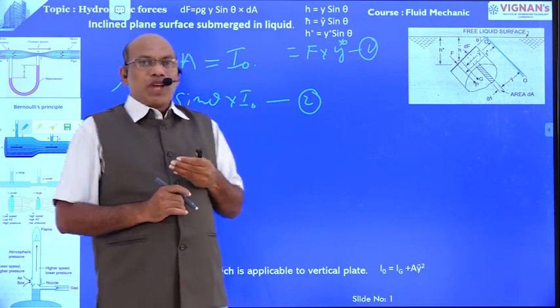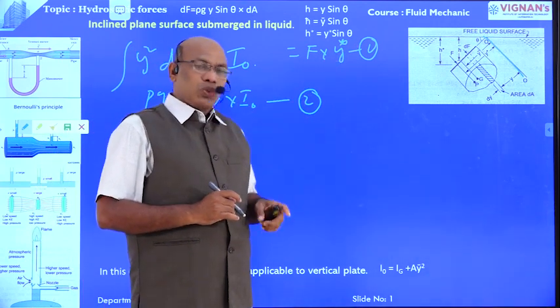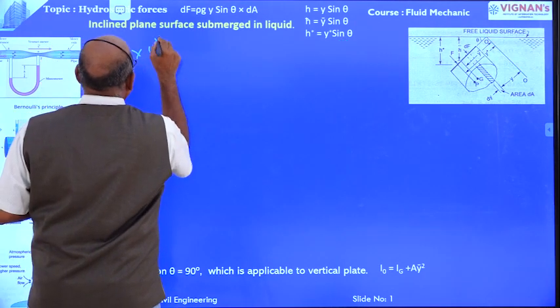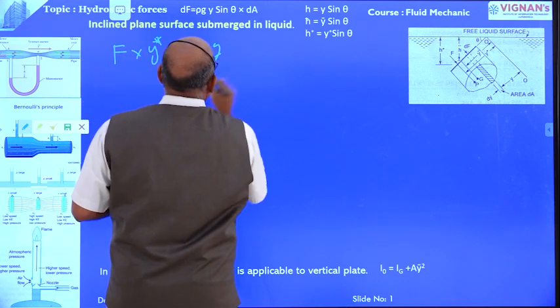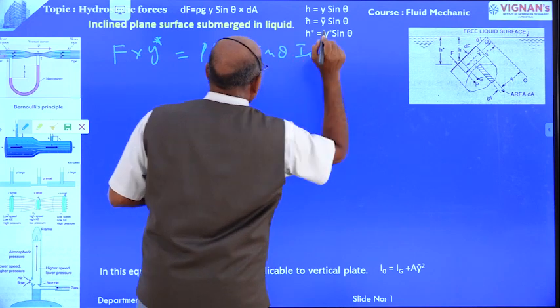Based on that, force into y star is equal to rho g sine theta into I0.